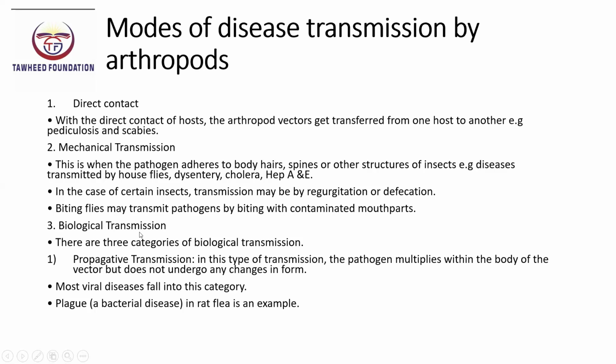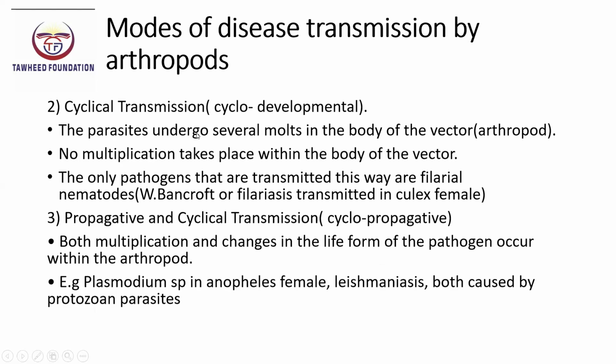Third is biological transmission. Pathogens multiply or develop within the arthropod vector before transmission. It includes propagative transmission, which is multiplication without morphological change. Example is viruses. Cyclodevelopmental transmission: here developmental changes occur without multiplication.